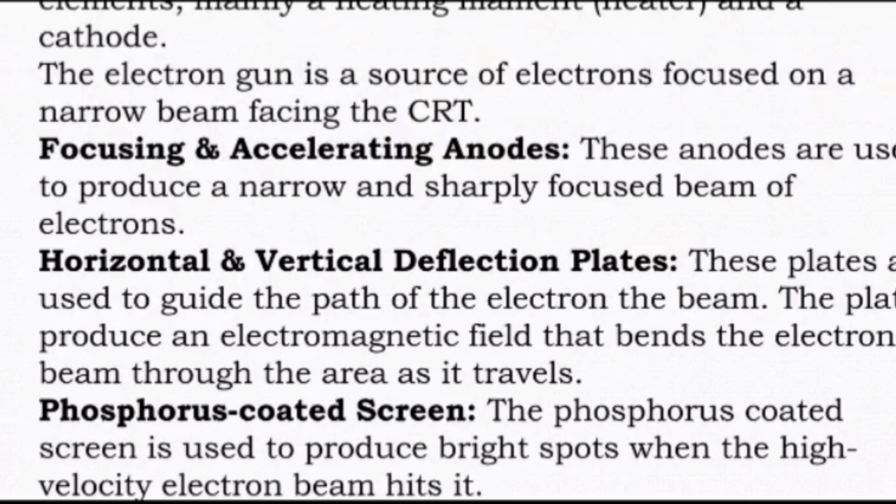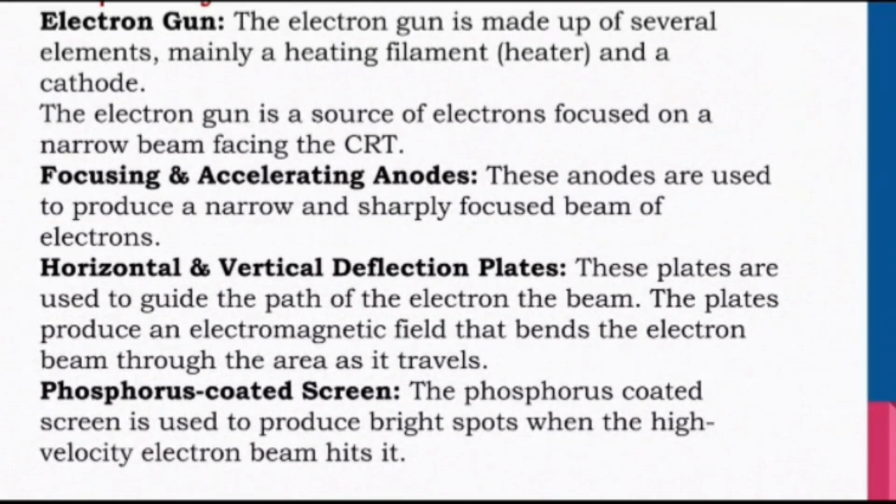These plates produce an electromagnetic field that bends the electron beam through the area as it travels. So these deflection plates create the electromagnetic field, which helps to bend the electron beam as it passes through the area.